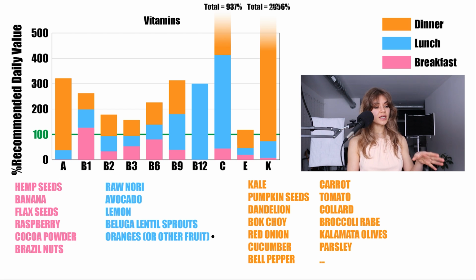So vitamin K2, which is not shown on this plot, is responsible for the retention and remineralization of the bones, and it can be found in one food. It is natto beans.